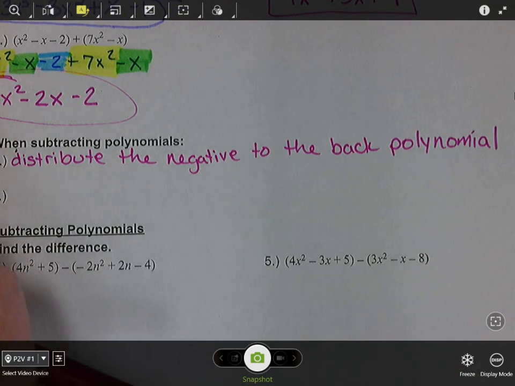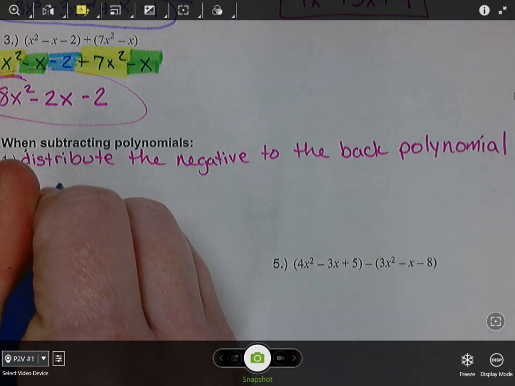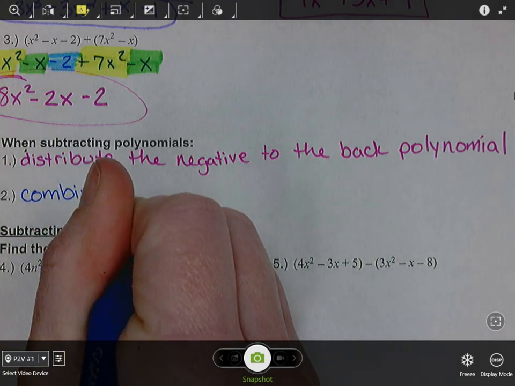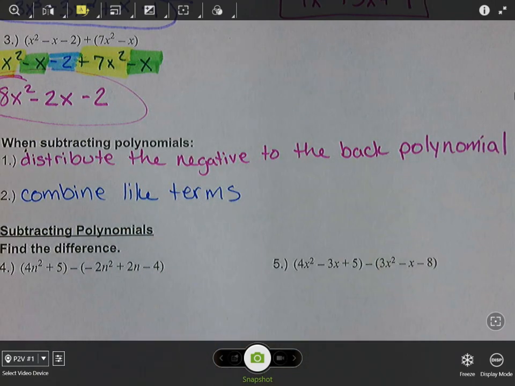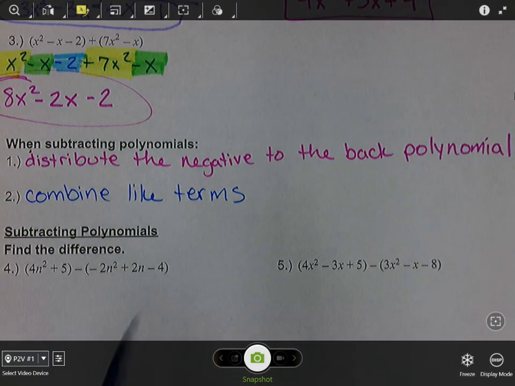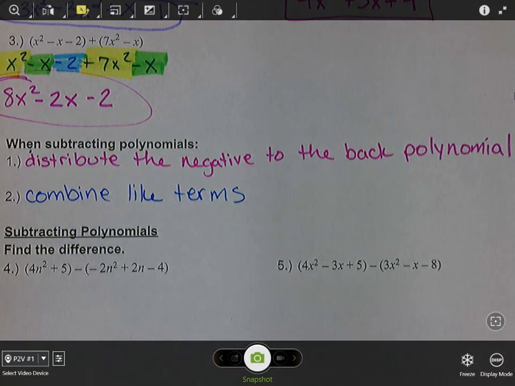And then your second step is to combine all of the like terms, just like we did before. So distribute the negative to the back polynomial and then combine all of your like terms, just like you did with adding.